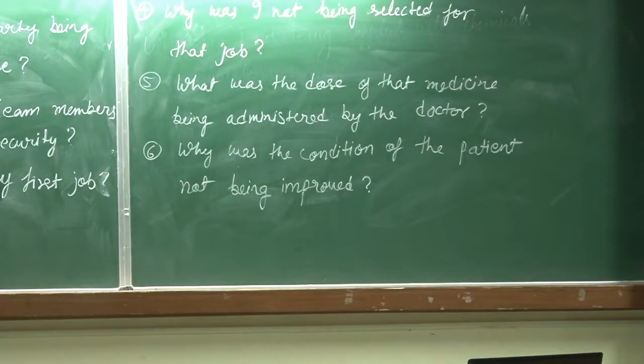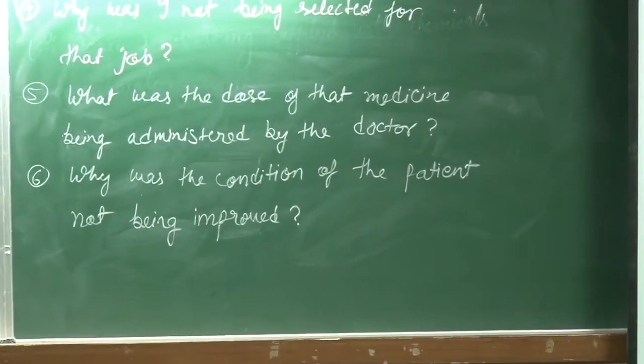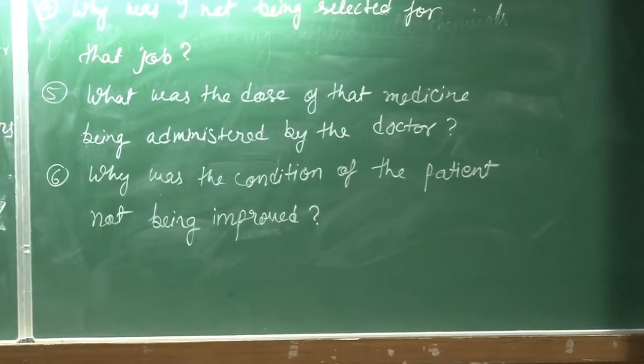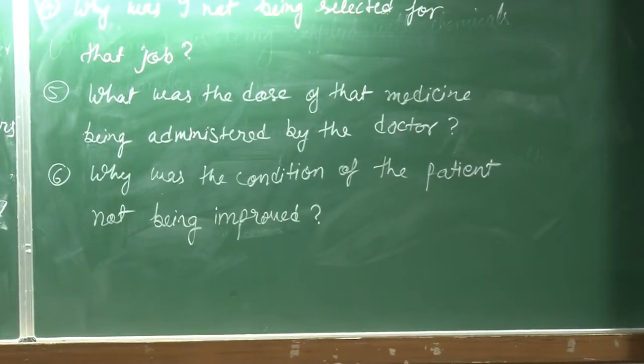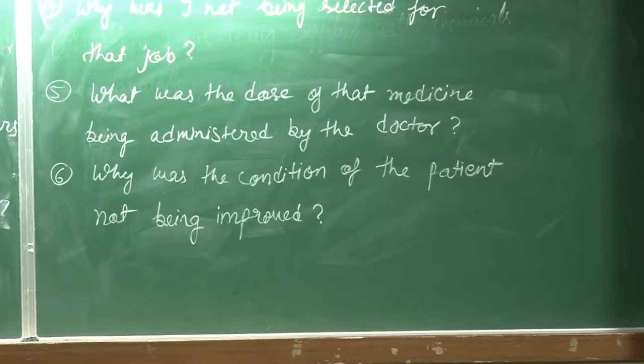Why was the condition of the patient not being improved? Yeah, as a sentence it's fine, but the sentence is actually somewhat cooked up, because typically people would say, why was the condition of the patient not improving? Okay.